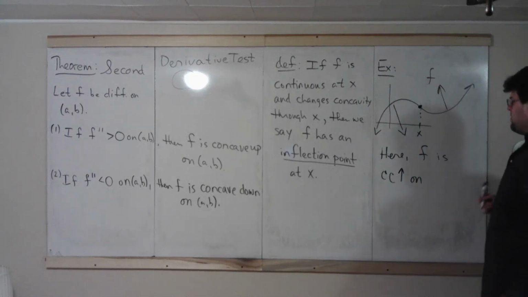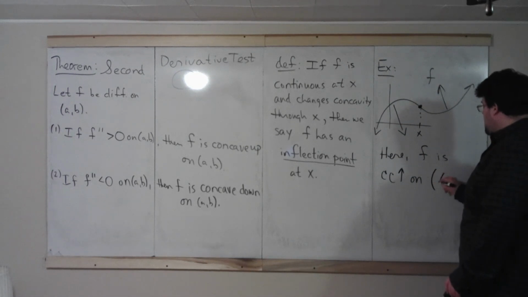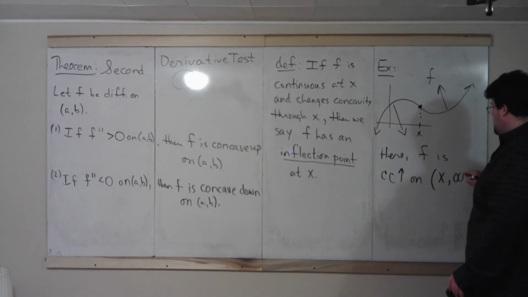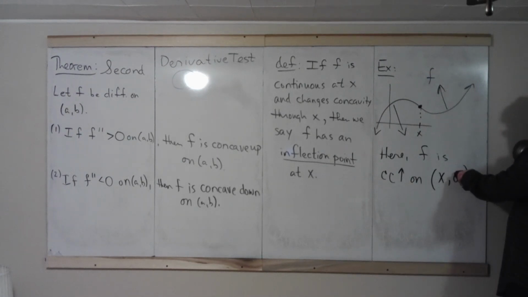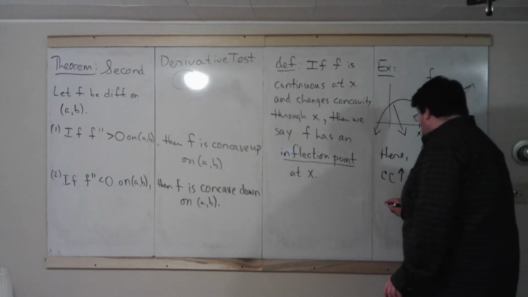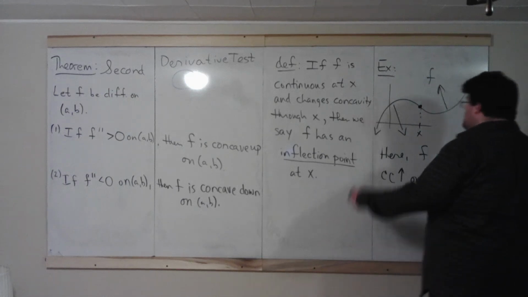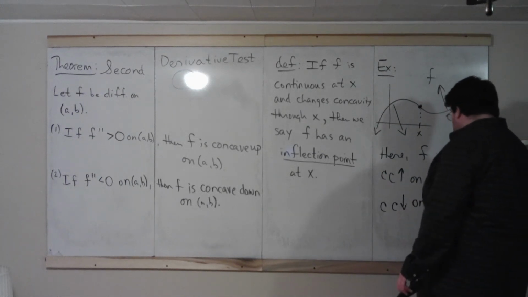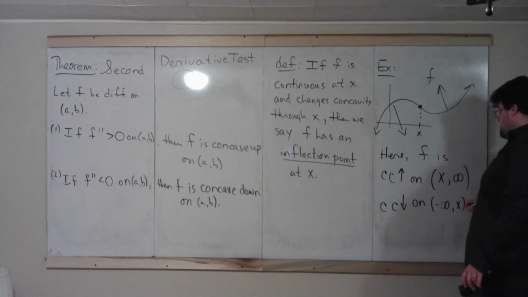So CC arrow. Here f is concave up where it's pointing up, so on x to infinity, not including x, because it's neither concave up nor concave down there. And here it's concave down where the caved-in portion is pointing downward, negative infinity up to x.